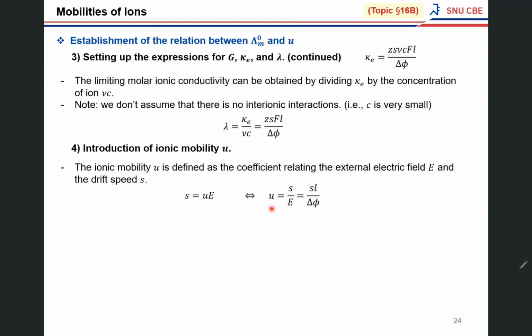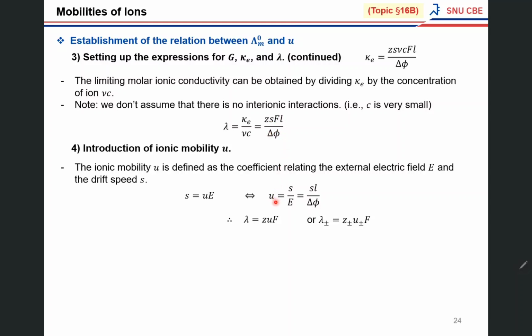So we have u equals s L over delta phi. If you look at the relation between lambda and the other parameters, you can find s L over delta phi, so you can substitute this part with small u.